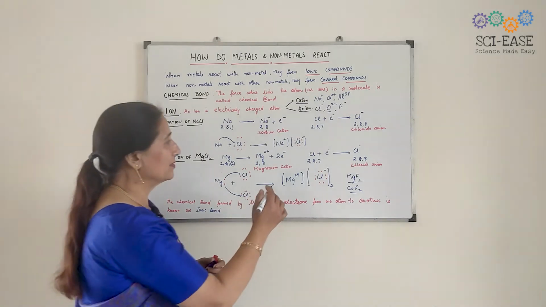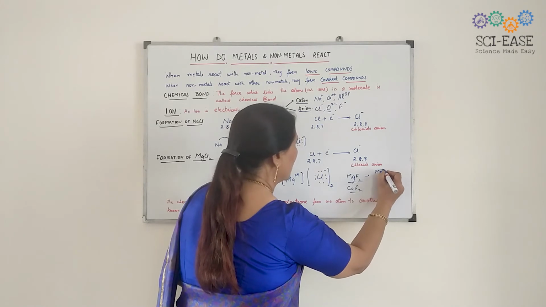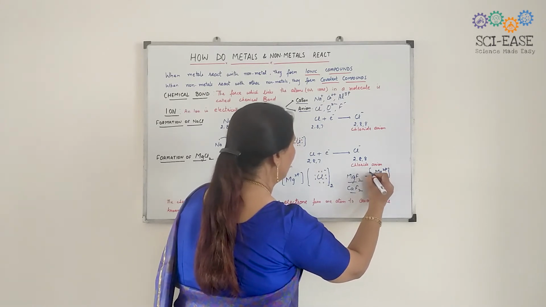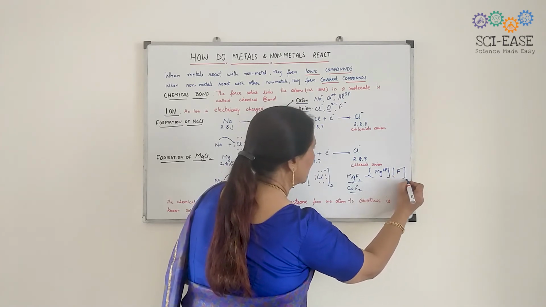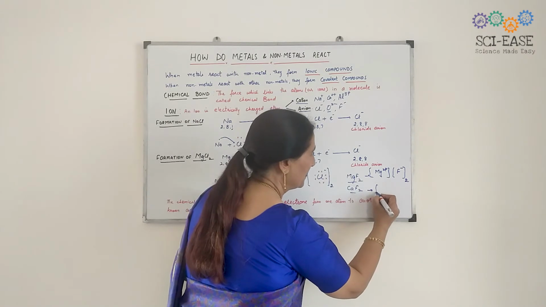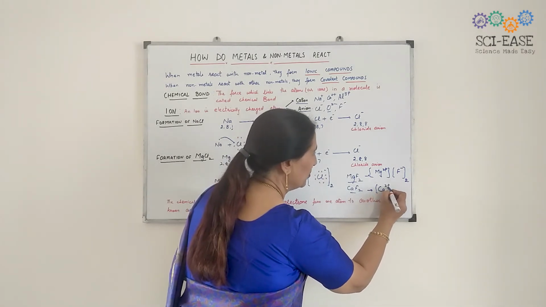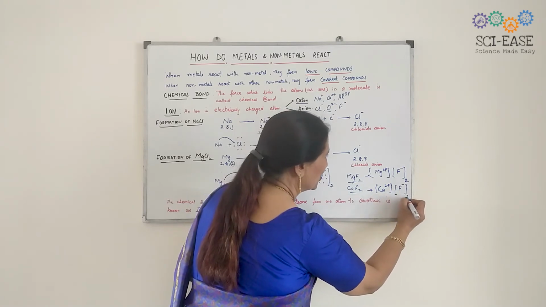So here the result will be Mg2+ and F negative whole twice. In the same way here, Ca2+, F negative whole twice.